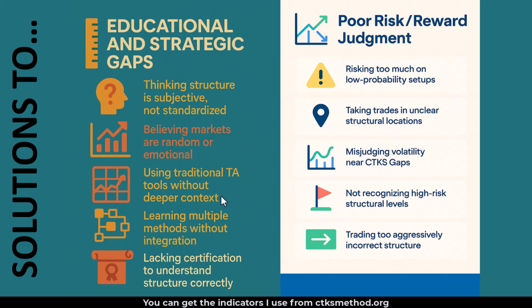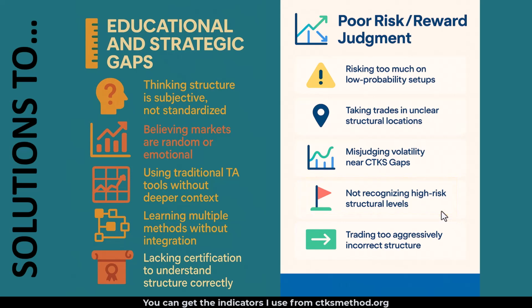For example, if all of price action is moving into structural overhead resistance and you don't know it's there and you take the trade, you take the investment, you may have just as well bought at the top. Many people don't know where the structure is, so when it comes to trading and investing, they just don't know what they're doing, misjudging the volatility near those CTKS gaps. You've seen how wild CTKS gaps are, and they are absolutely wild.